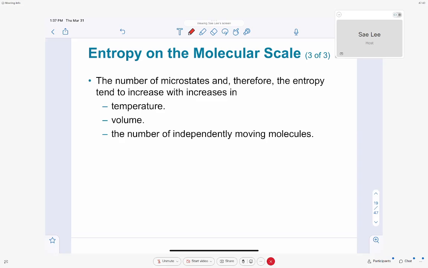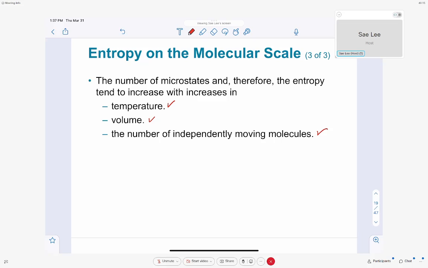So to sum up, the factors that increase the microstate, increase the possible arrangements of molecules, are an increase in temperature, an increase in volume, and an increase in the number of independently moving molecules. So what happens if you increase the microstate? You increase possible positions, the possible number of arrangements of molecules, and that will increase entropy.